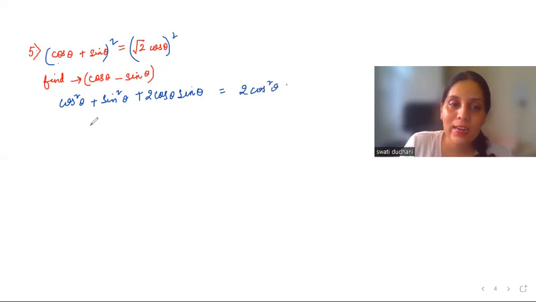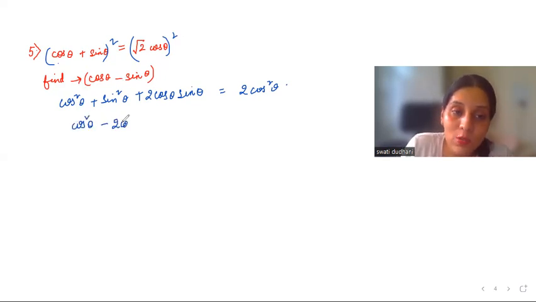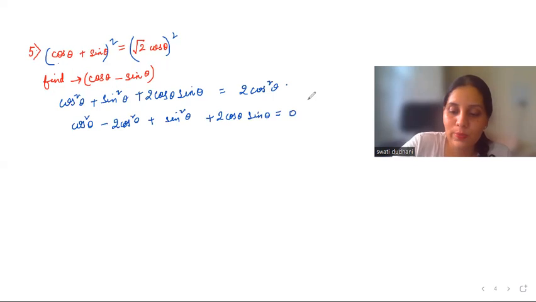Now what I'll do is I'll get the cos square theta to the other side. And what do I get is cos square theta minus 2 cos square theta plus sin square theta plus 2 cos theta sin theta is equal to 0.